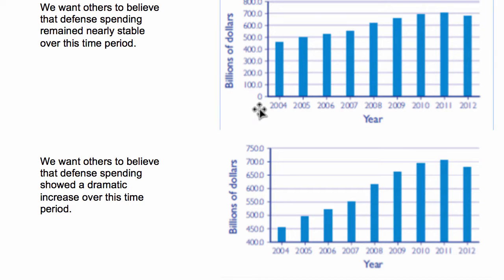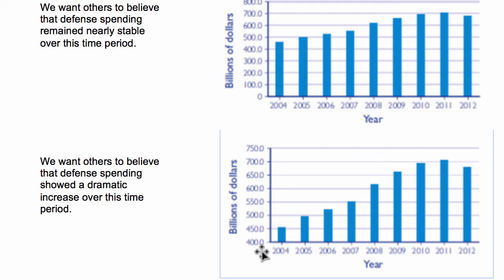Notice, because the function value beginning the first graph is 0, the bars on the first graph are longer than the bars on the second graph. This makes all of the bars look pretty similar in height, which might lead people to believe that spending remained nearly stable over this period.